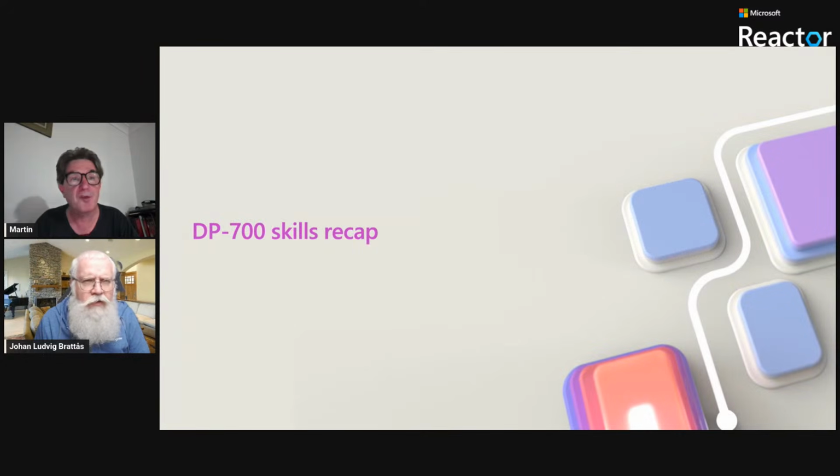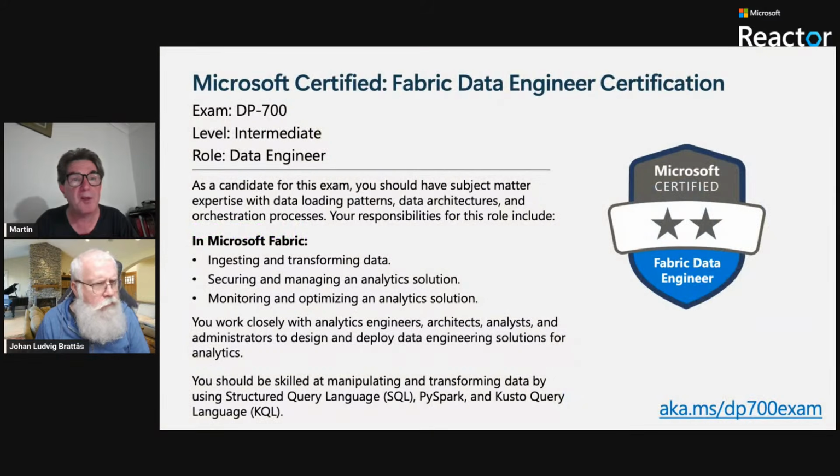Should we then try and do some quick recaps? Sure, we can. So DP-700 skills. Yeah. So what do we have to do, Johan? Well, what you want to do is, of course, to understand what the certification asks of you.